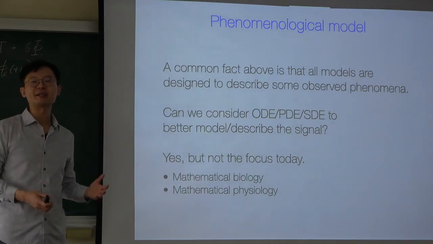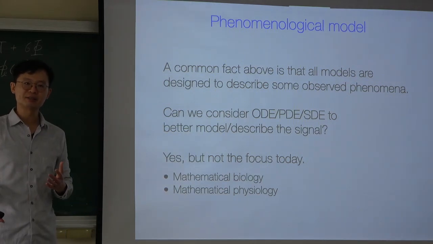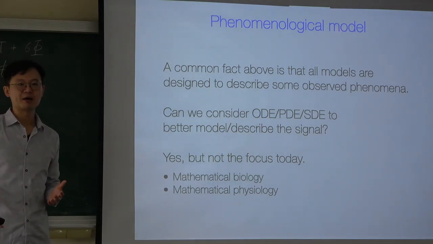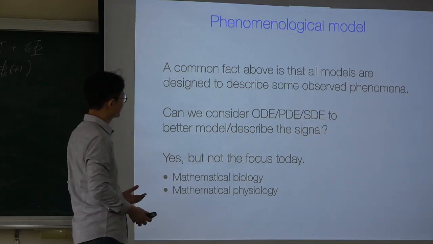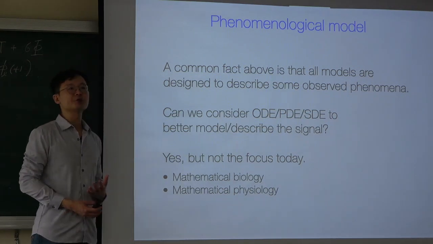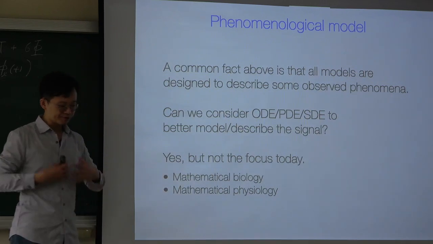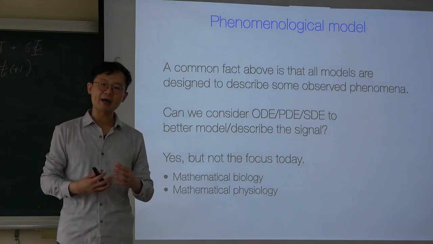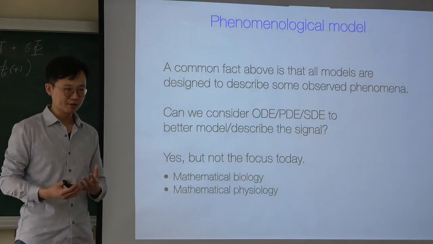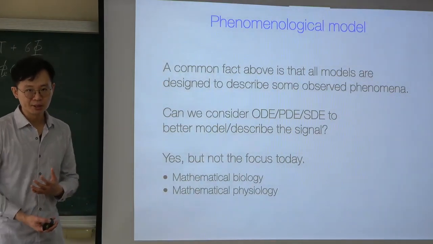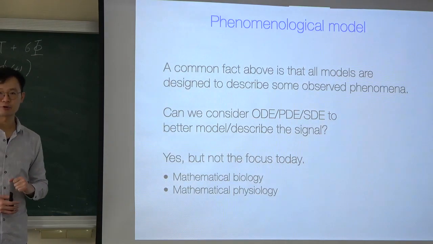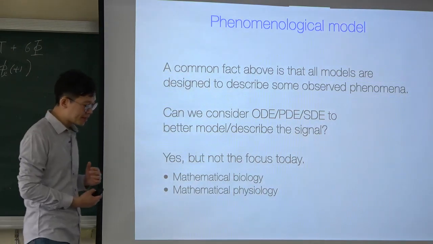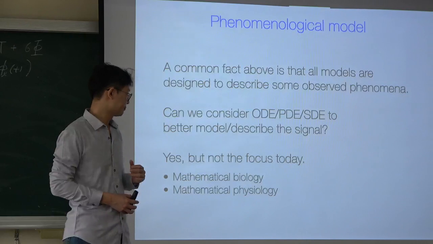I may be able to write down something very simple, but that simple model is far from sufficient for data signal analysis. So we choose to use functional properties to describe what we may observe in practice, instead of writing down specific partial differential equations or ordinary differential equations and estimating the parameters.